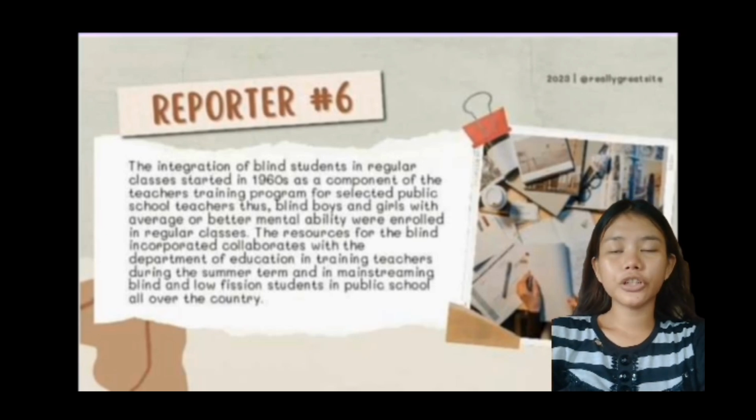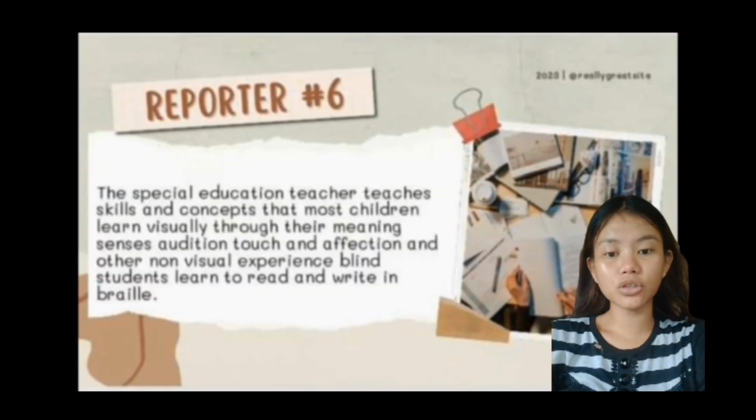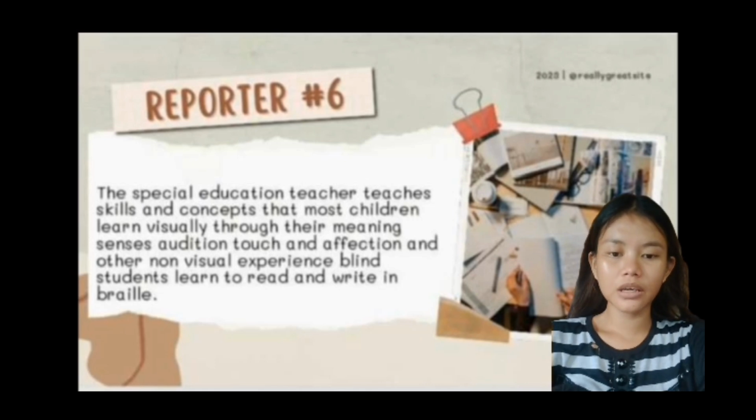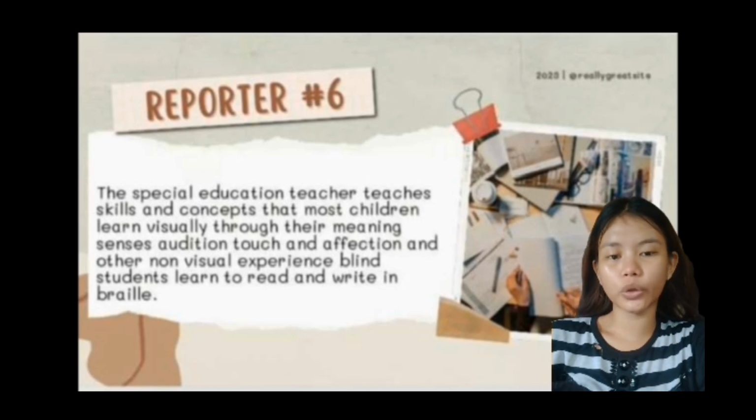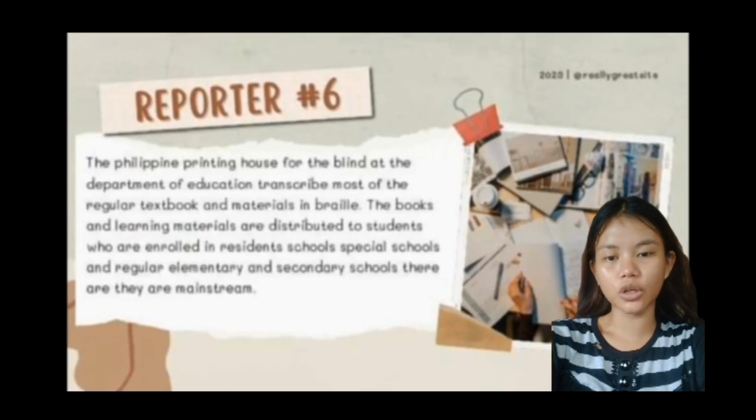However, after a decade, public schools across the country began to welcome students with disabilities, marking a significant step toward inclusive education. This transition ensured that students with visual impairment had access to mainstream education and the same opportunities as their sighted peers.